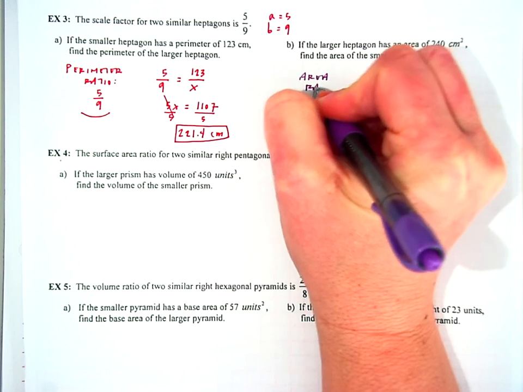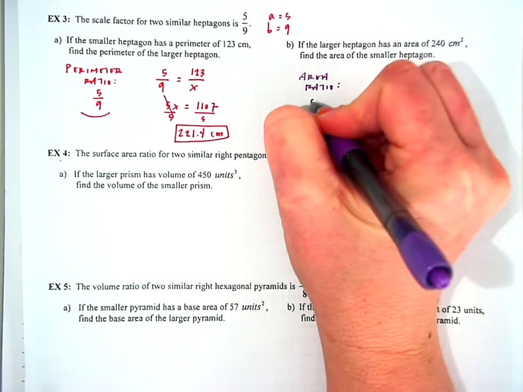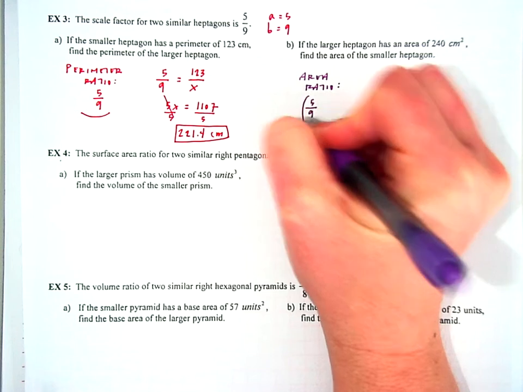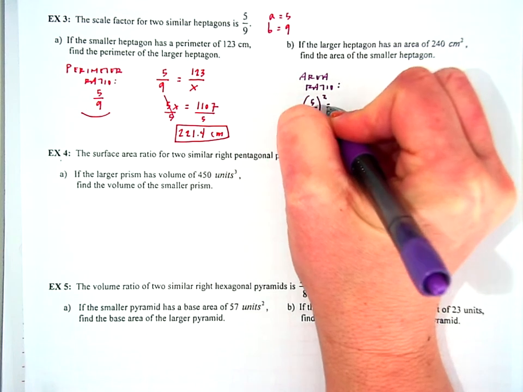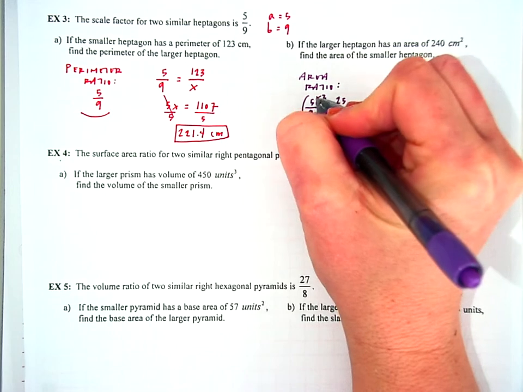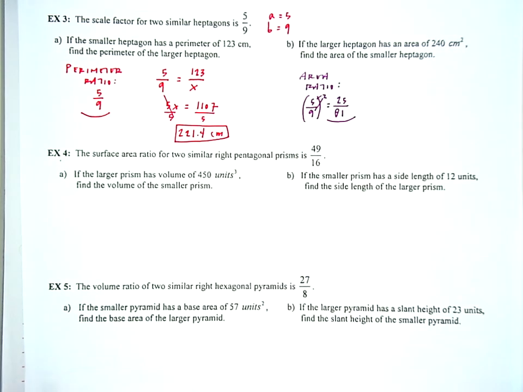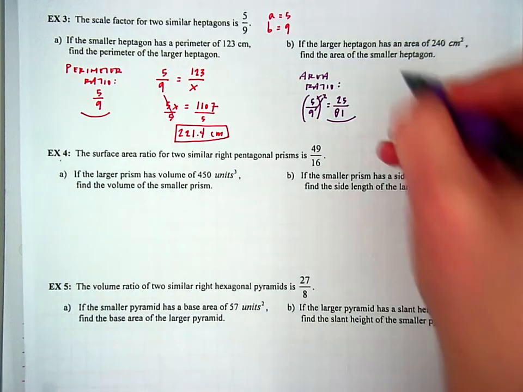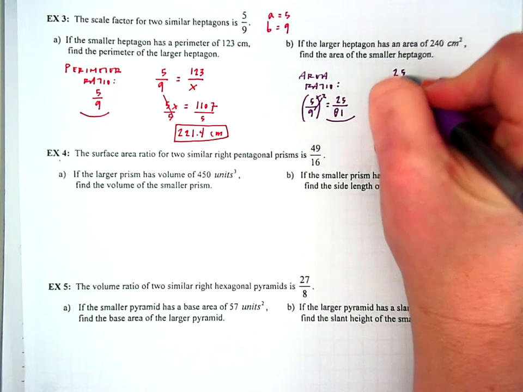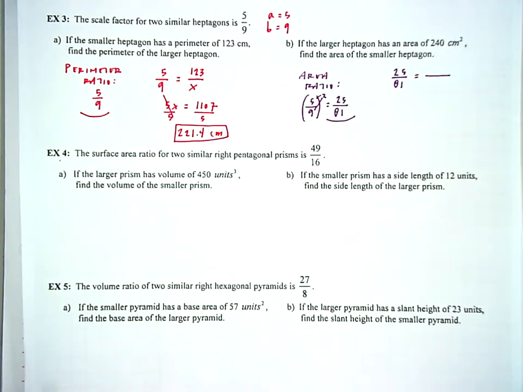Here, if the larger heptagon has an area of 240 centimeters squared, find the area of the smaller heptagon. So here I need an area ratio. So I'm going to look at that scale factor that I had initially, and I need to square it. So 5 squared is going to be 25, and 9 squared will be 81.